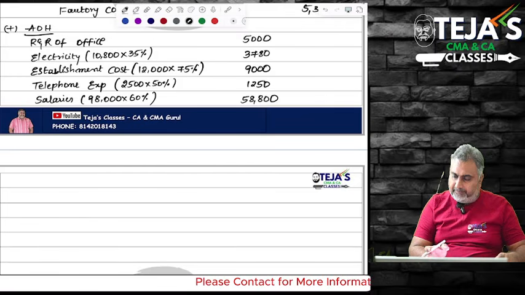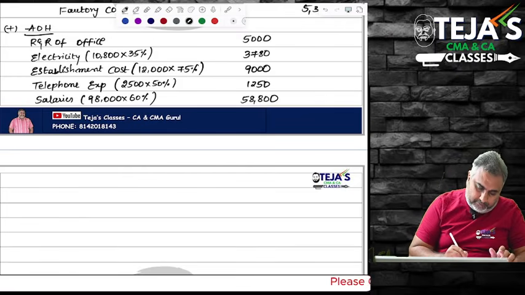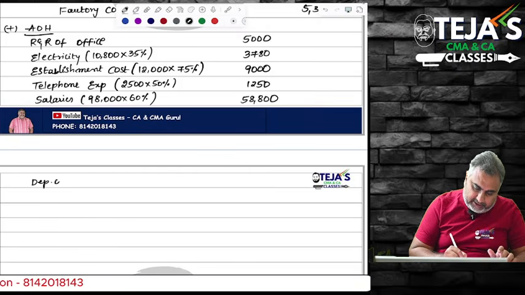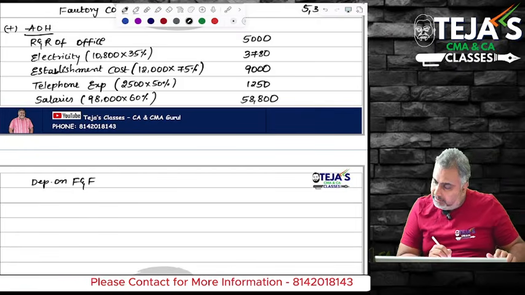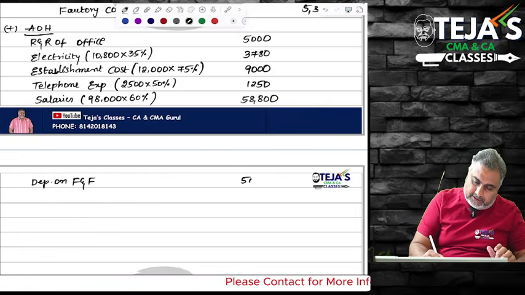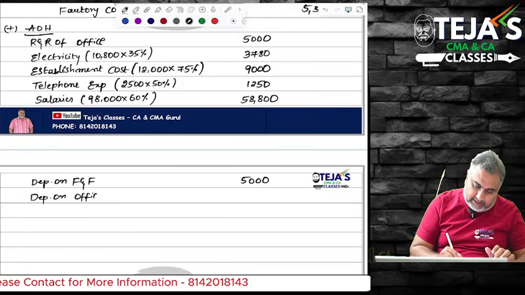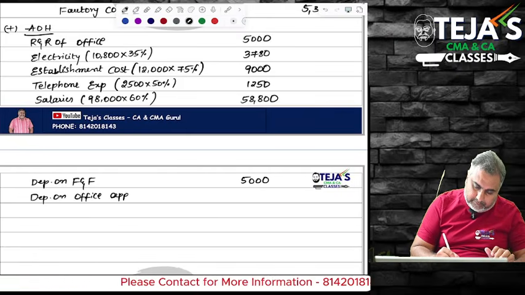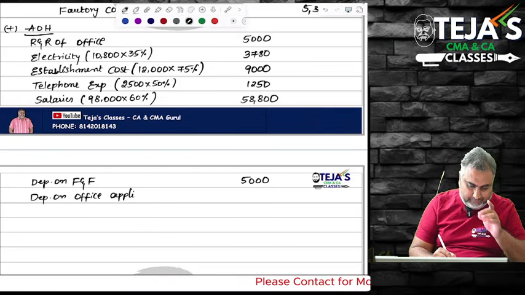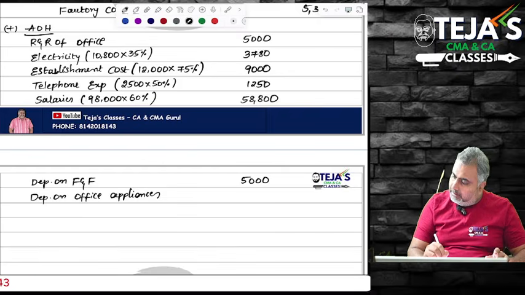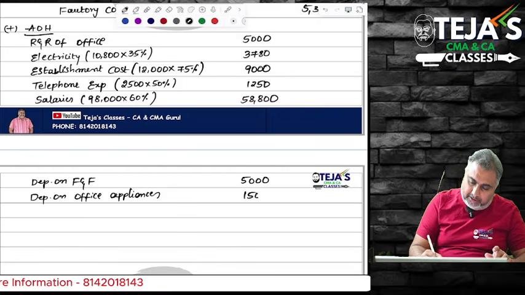Then we have depreciation on furniture and fixtures, that will be 5,000. Then depreciation on office appliances given, that should be 1,500.